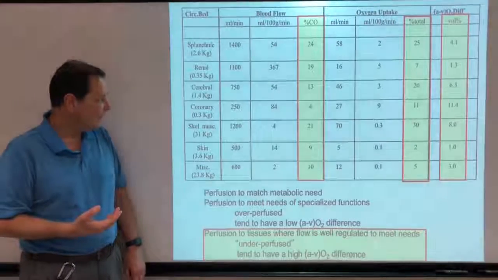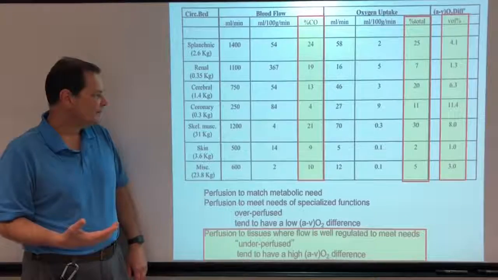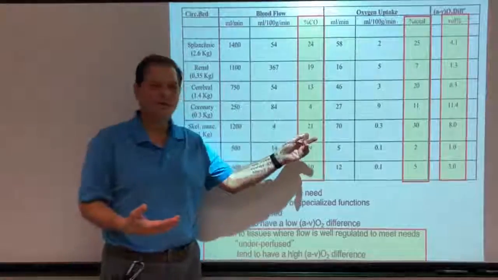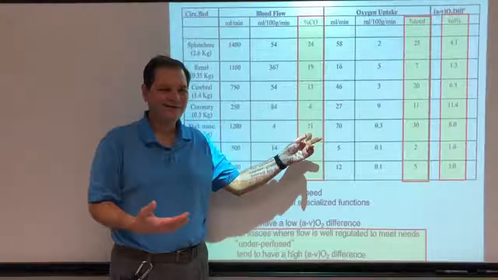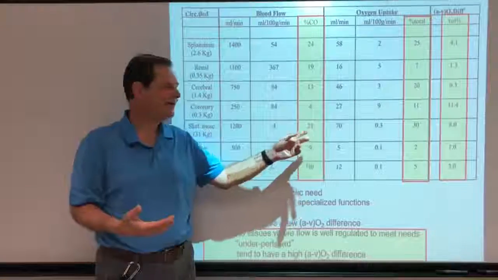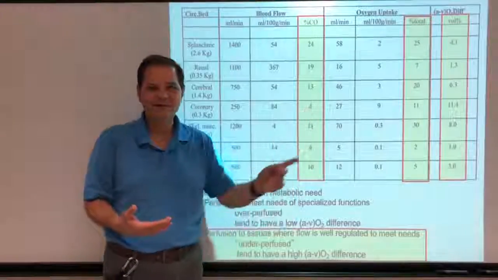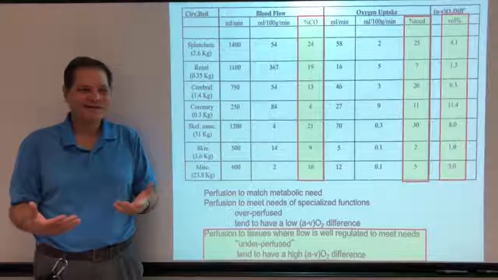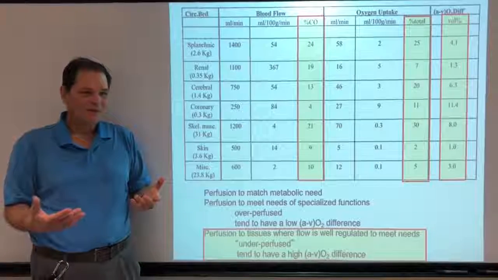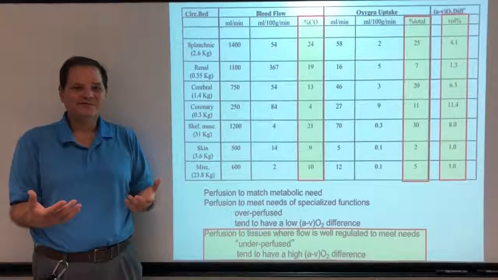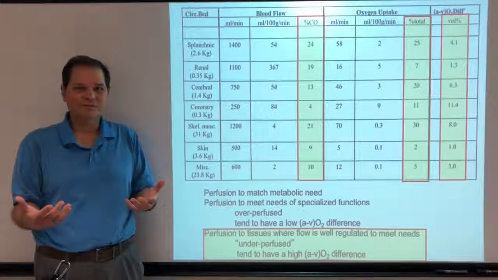All right, one thing that I would emphasize to you, you see underperfused here for skeletal muscle, and you think, you know, that means that it doesn't get enough oxygen. But the heart in particular is really bad for this. I'll ask students, okay, when you exercise, is there enough oxygen going to your heart?